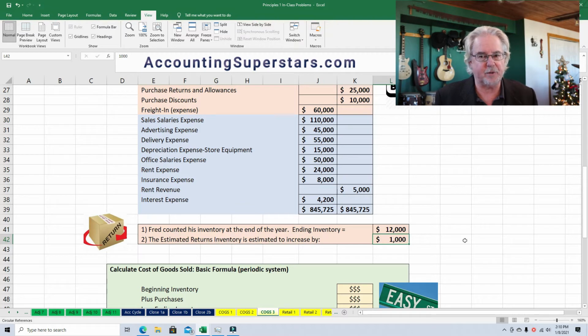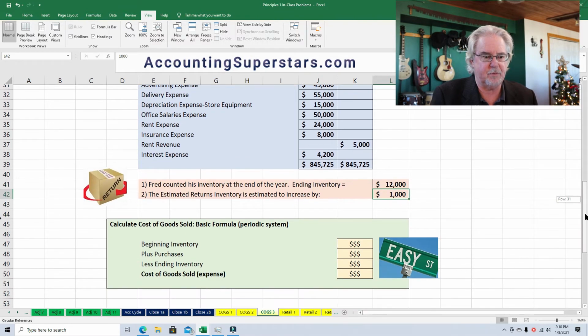Customers won't like it, it'll be the wrong size, it wasn't what they expected, so they're going to return it. So a good retail store will estimate those returns and take them into account. And so, since the estimated returns inventory is estimated to increase, we're going to take that away from our cost of goods sold.